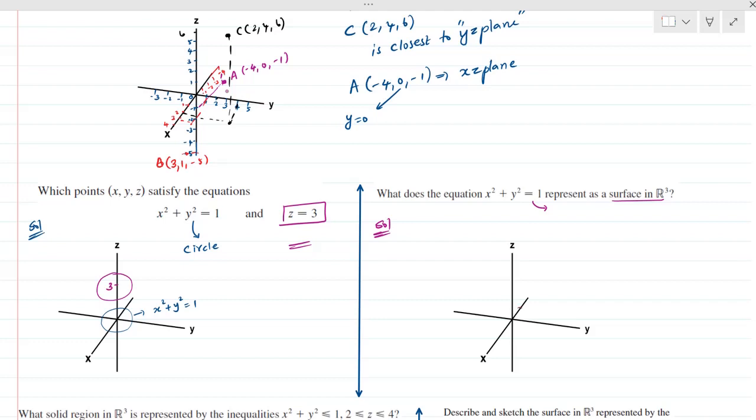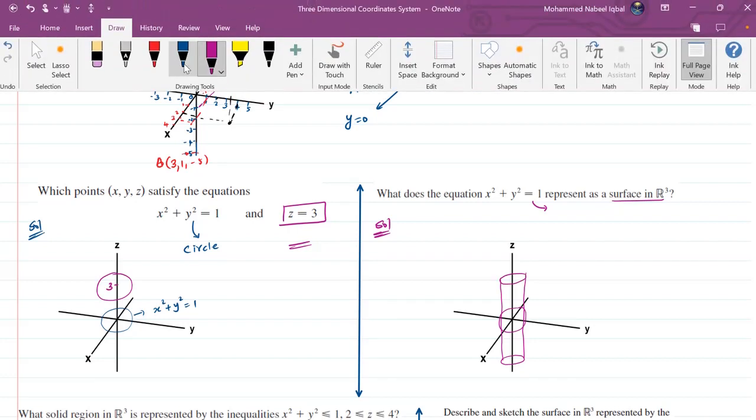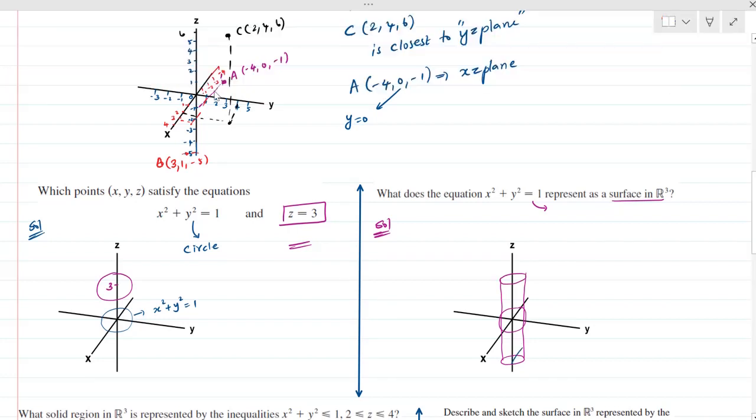No value of z is given, so it extends along the whole z axis. So this is the cylinder, and the whole part is your graph.